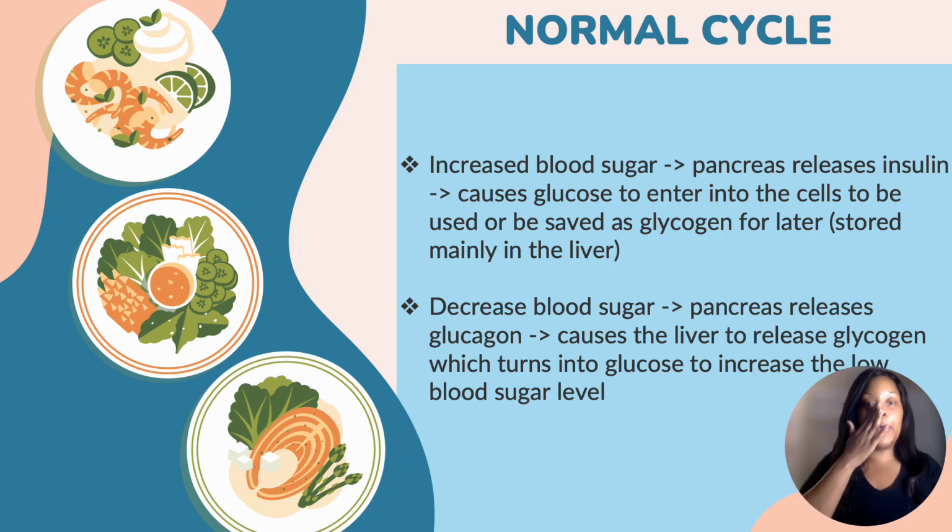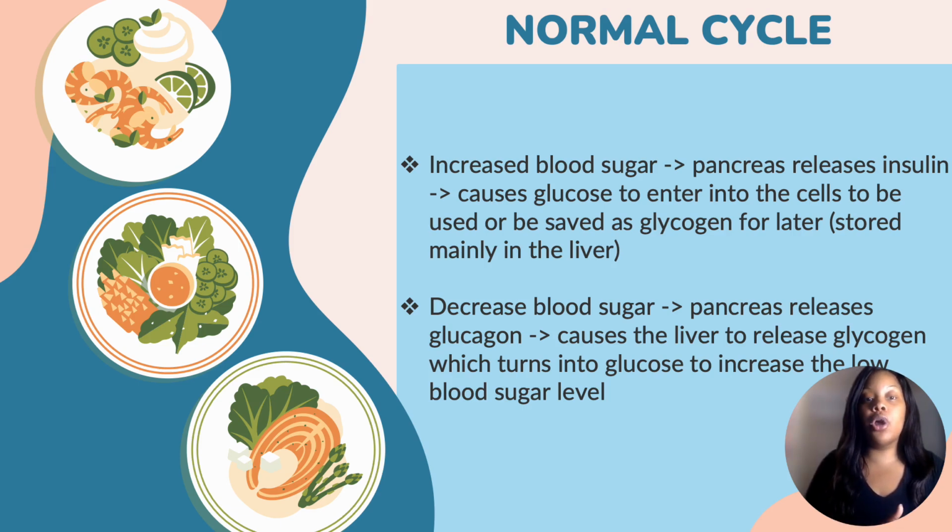So in a normal cycle, you're going to have an increased blood sugar. Your pancreas is going to release insulin. Insulin does what? It shifts the glucose out of the blood and back into the cells, right? Okay, so to be saved for later as glycogen or to be used now, right?